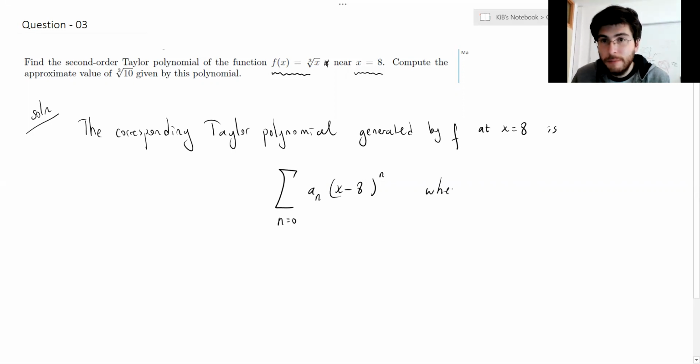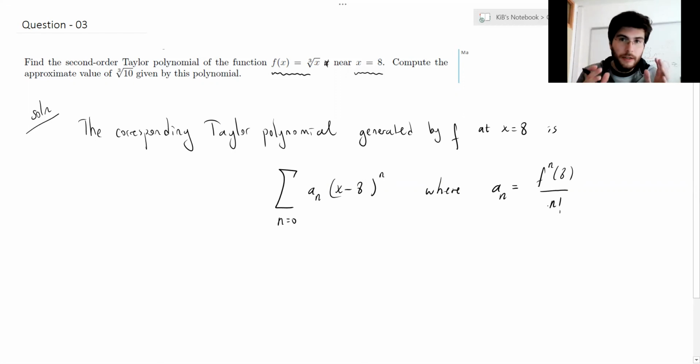Where, so very special, here is the magic actually. The a_n are determined by using higher order derivatives of f evaluated at the point a, divided by n factorial. So here is a very important point. Be careful. I didn't write that this series is equal to f. This is not true in general.